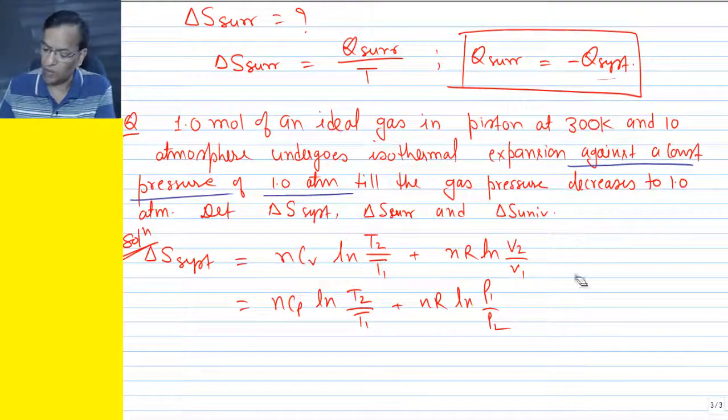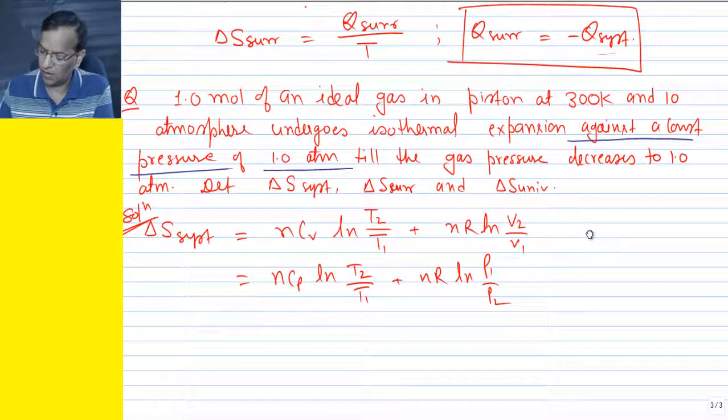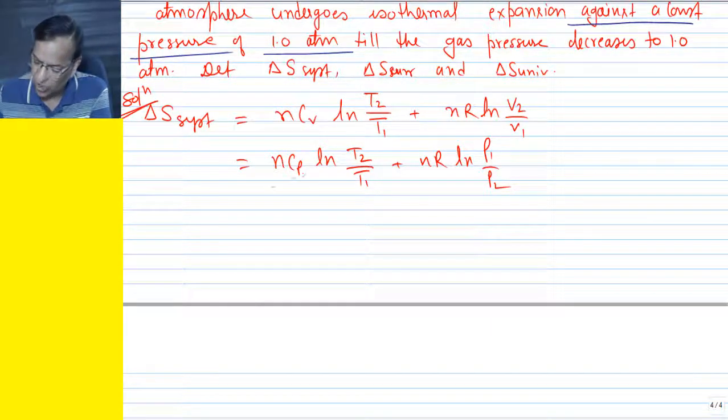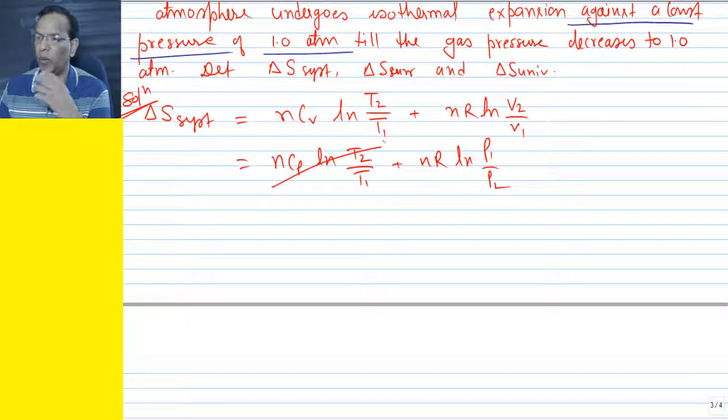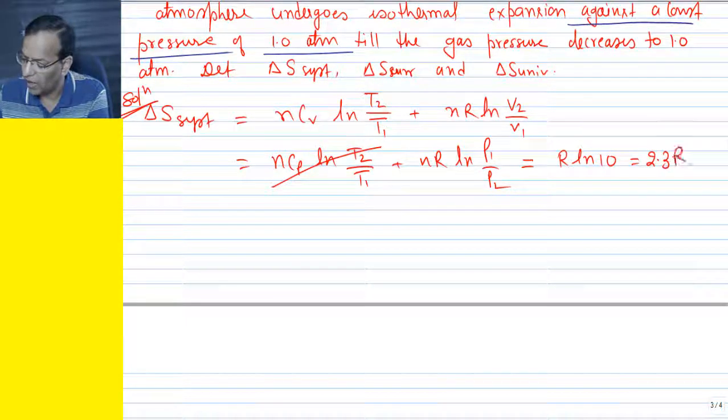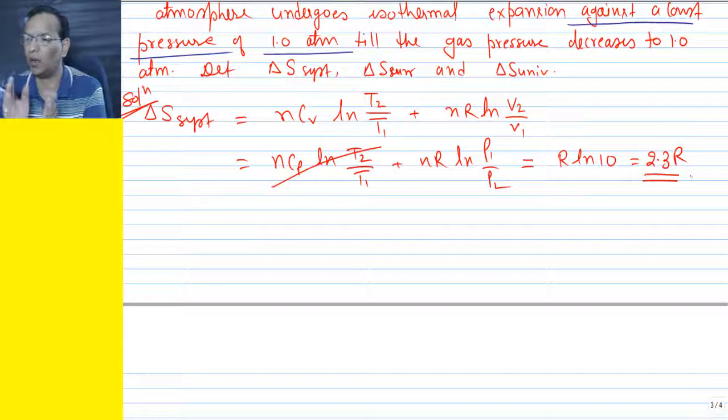Since the process is isothermal, T2 is equal to T1, so this term will vanish. P1 is 10 atmosphere and P2 is 1 atmosphere. n is 1 mole. So it is simply R ln 10, and ln 10 is 2.3. So it is 2.3 R. This is the entropy change for system.